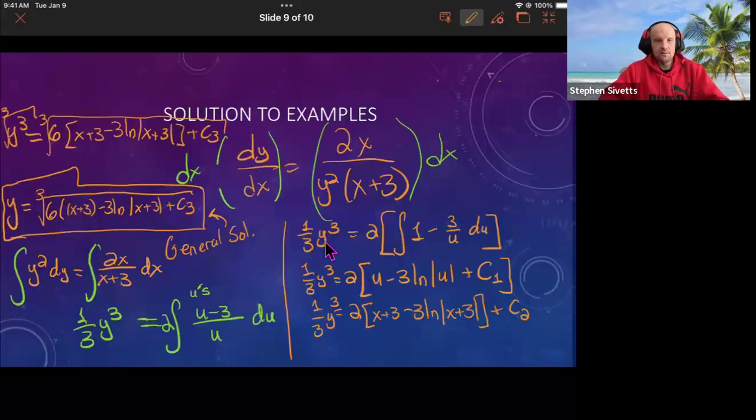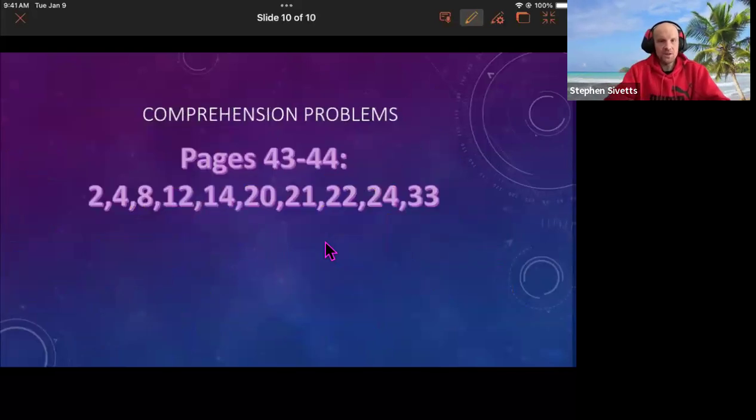But here's some problems for you to check for comprehension. It's in the textbook. And most of these deal with separation of variables. This one is an application problem for a stirred tank, right?